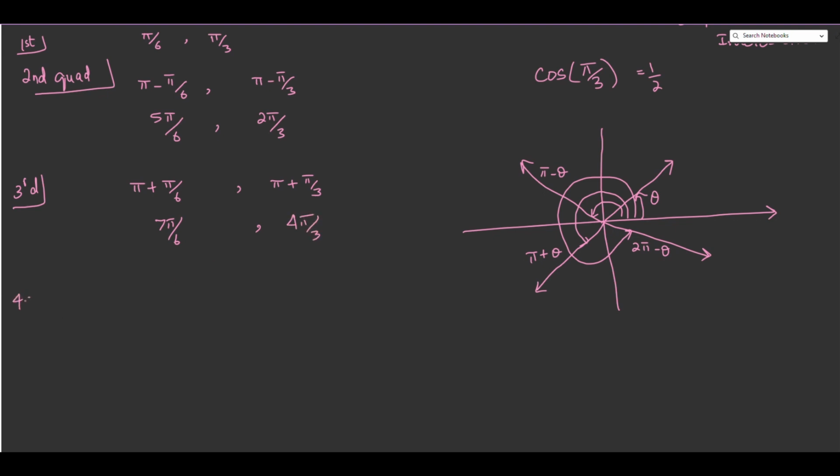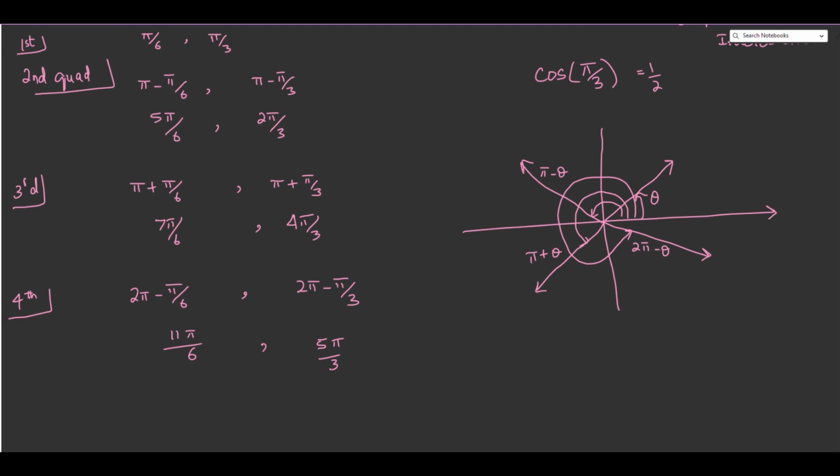And in the fourth quadrant it will be 2 pi minus pi by 6 and 2 pi minus pi by 3. This will give you 11 pi by 6, and that will give you 5 pi by 3.